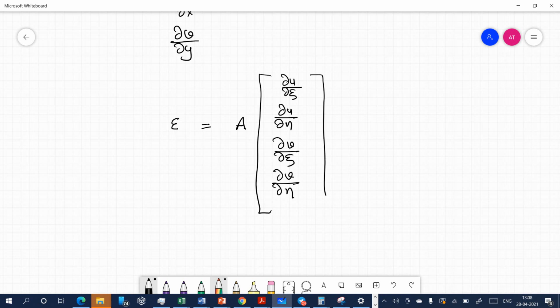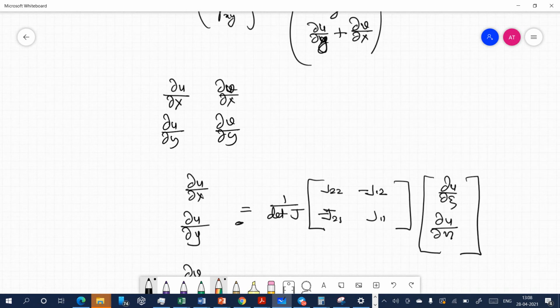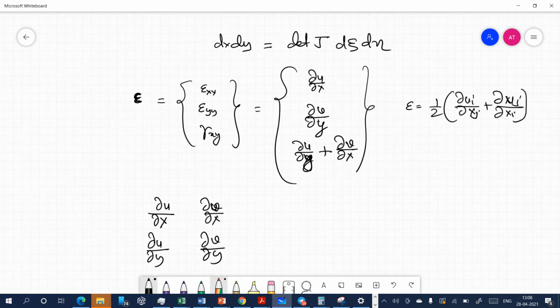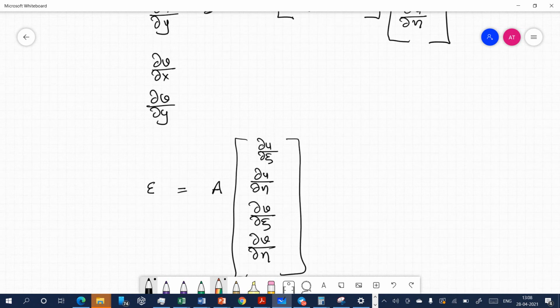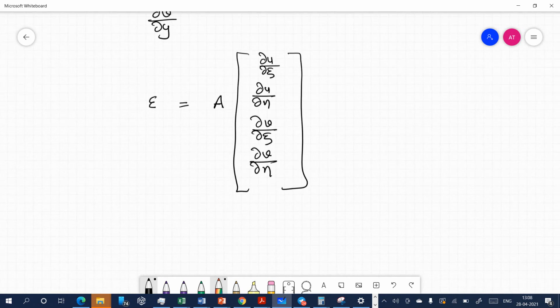Okay, because we have to do this: if you look here, we need to find these three terms, but these three terms have to be described in relation with the local parameter variables, because we are doing everything in the local coordinate system. So we need a relation between the partial derivatives in the local coordinate system and the global coordinate system, and that relationship will be described by the matrix A.